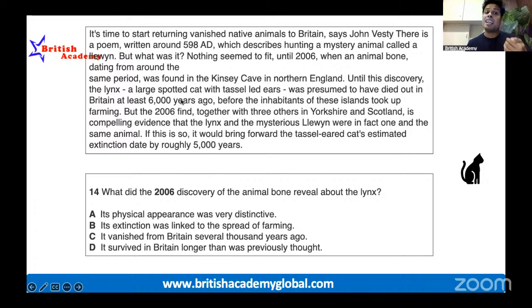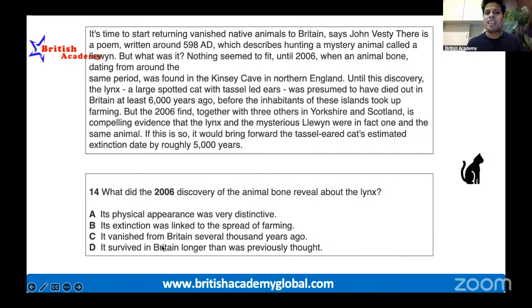That they had died 6,000 years ago. After that, farming had taken place. So extinction was not linked to farming anywhere, because farming took place later on. So that gets eradicated. It vanished from Britain several thousand years ago. There is no conclusion, because it was only presumed that it had died almost 6,000 years ago. So we cannot conclude it based on this word.